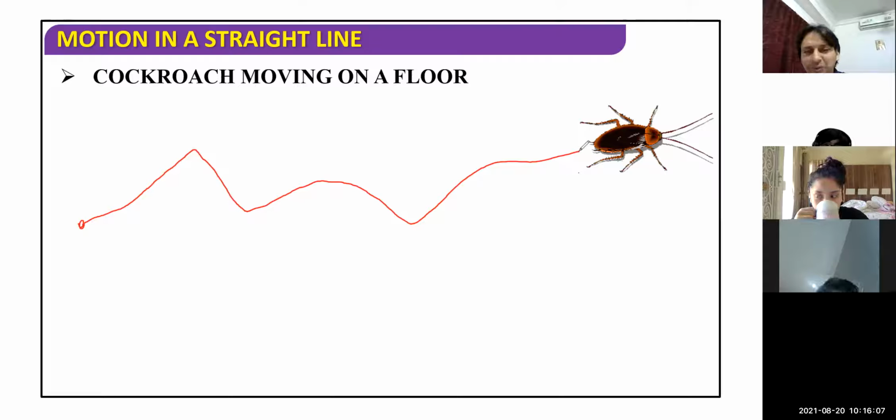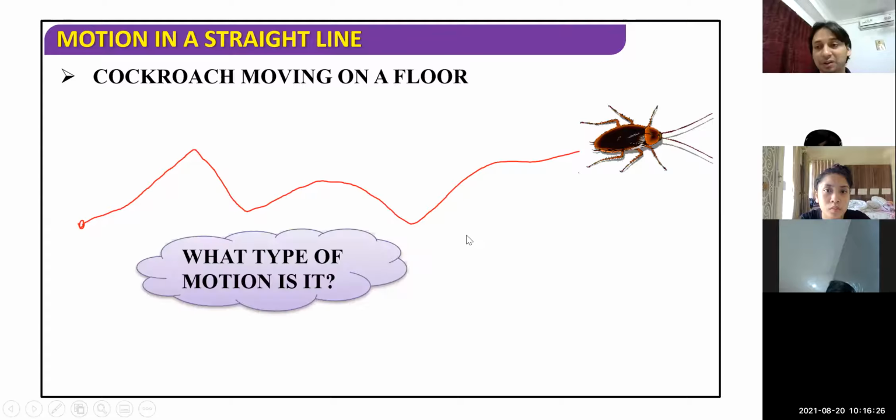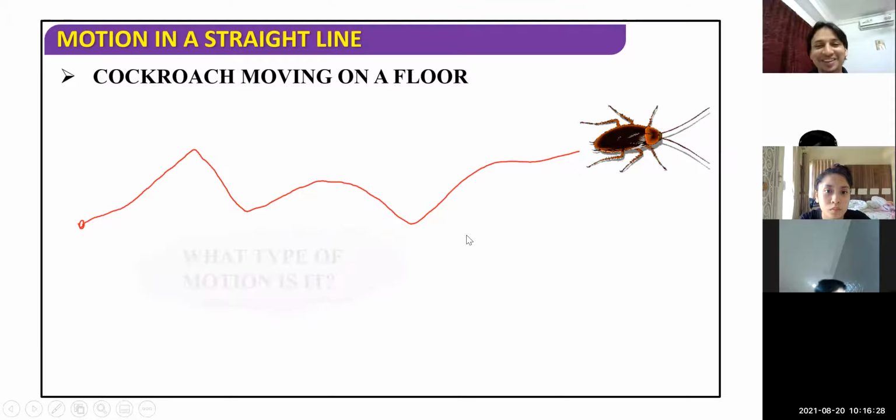So what type of motion is this? Is it rectilinear motion, I believe, or no, rectilinear is again in a straight line. The meaning of rectilinear, we also discussed that point. But here, the motion of this cockroach, here you can find what type of motion this is.